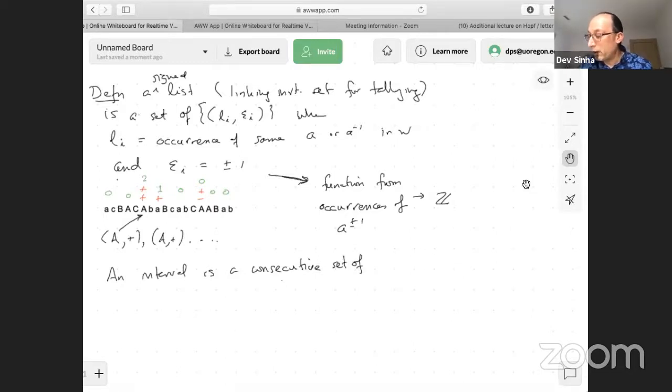That's of course all assuming a word W around. And then we'll actually need oriented. And then that means that the endpoints have opposite total signs.